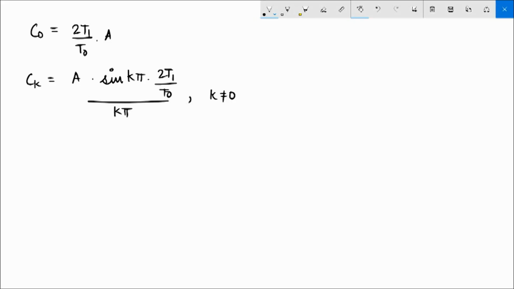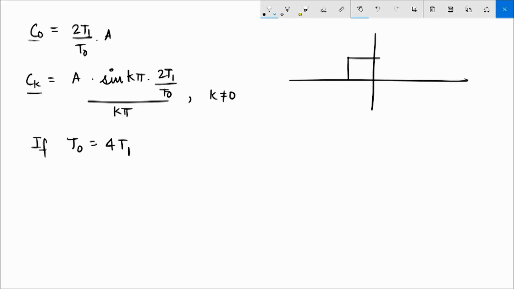So let us see what these coefficients are if t naught is equal to 4t1, that means it is a square wave. The case like this.